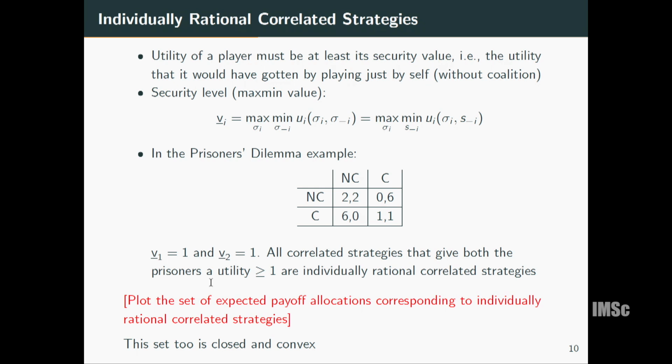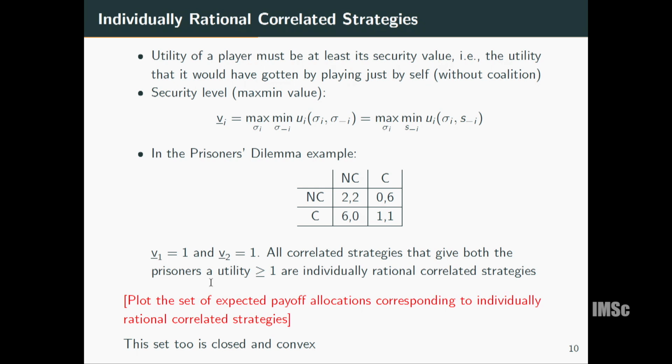Yes, exactly. Okay, let's quickly recap what it means. Suppose I fix my strategy as sigma I. This particular value is finding the minimum utility I can get corresponding to sigma I. The inner loop is basically telling what is the minimum utility I will get corresponding to playing sigma I. I find such minimum values for all sigma I, and I choose to play that sigma I which is maximizing this minimum value.